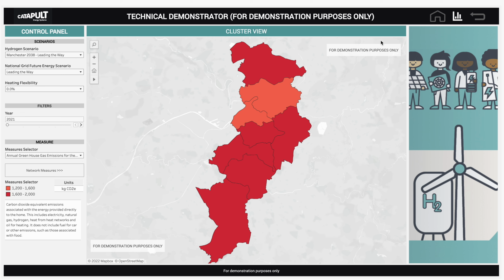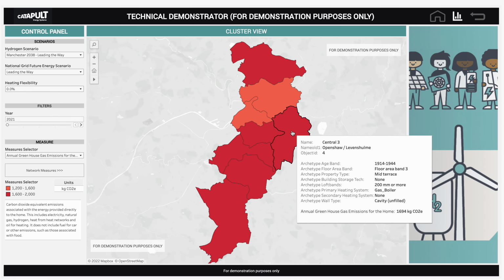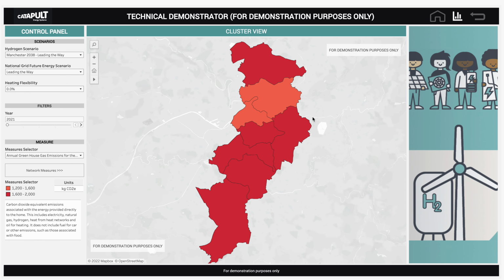Because this is all really based around homes, geography is very important, and so the main means by which we view this information is geographically, and so the main window presents that. We can drill down below the cluster level down to LSOA, and even down to the home level, but I'll come to that shortly. Then we've got a control panel with different scenarios that you can select.